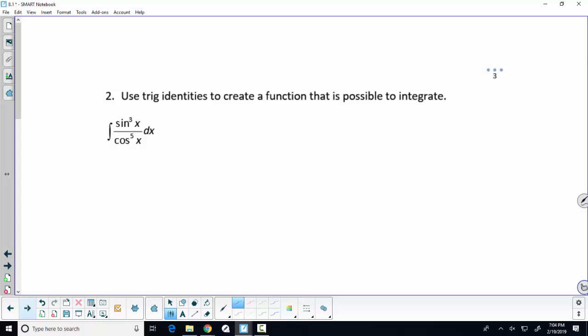Okay, how about the antiderivative of sine cubed over cosine to the 5th? Change that to tangent cubed, secant squared. Okay, so the suggestion was to rewrite this as sine cubed over cosine cubed times 1 over cosine squared.